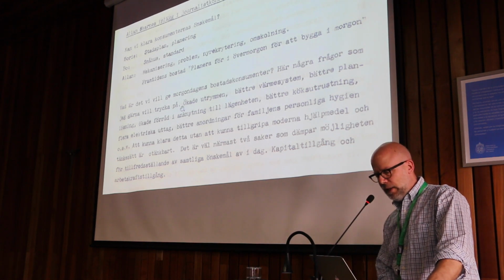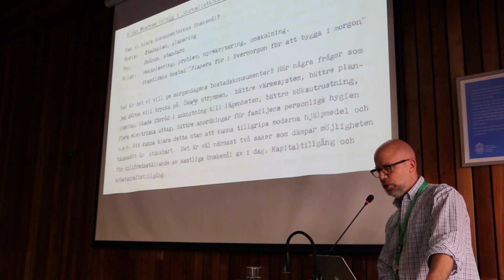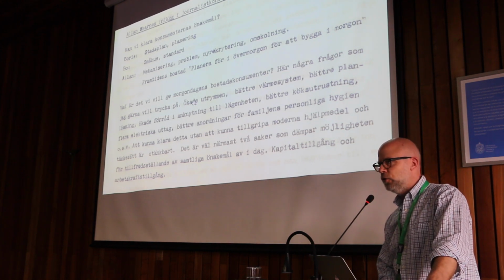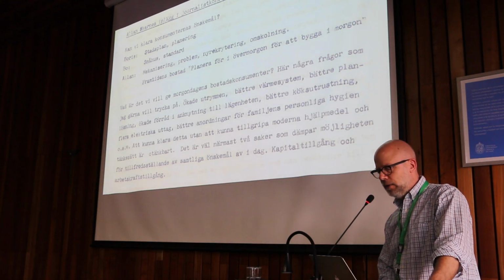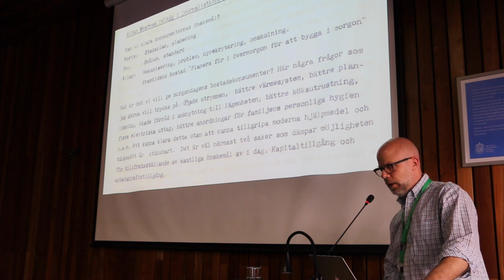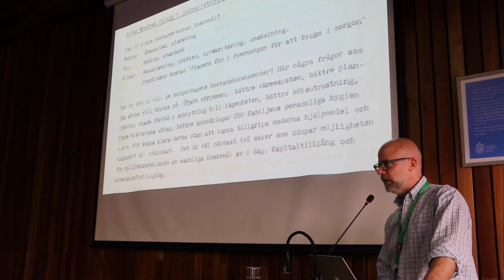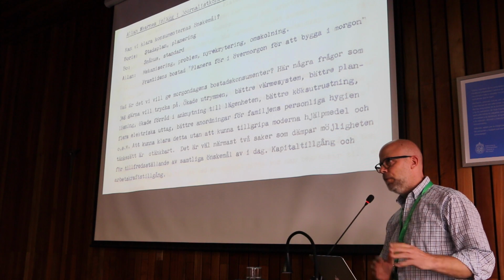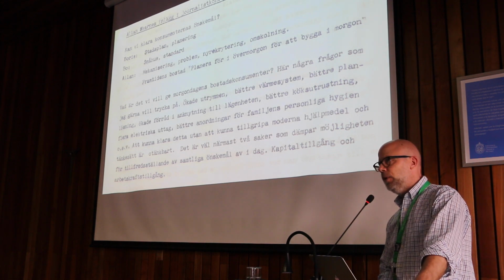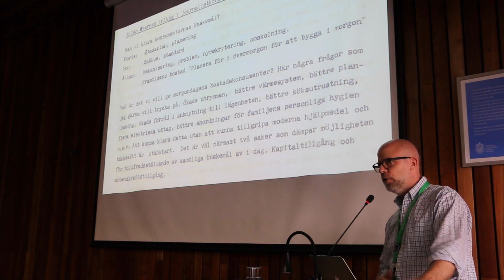And what he lists here is a number of issues that he wants to contribute in the building. And it's interesting that at first he writes more space. And one of the most troubling problems of urbanization in Sweden was overcrowding.